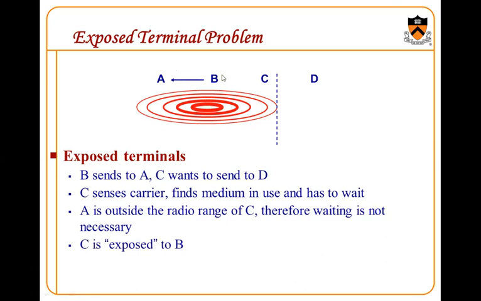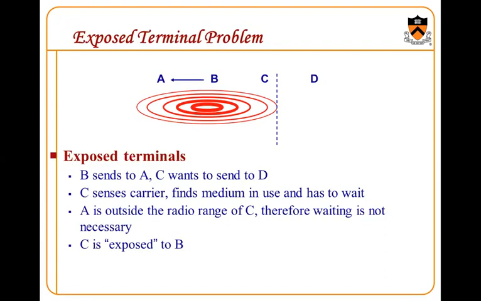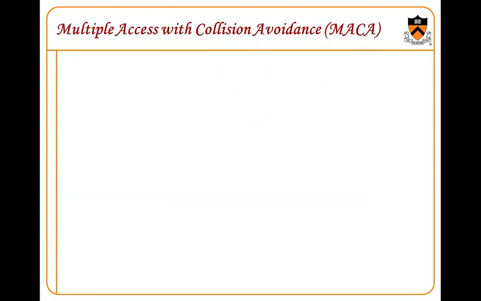But since node C is exposed to node B, node C stops its communication. And that's the reason that node B can communicate with node A, but C can't communicate with node D.